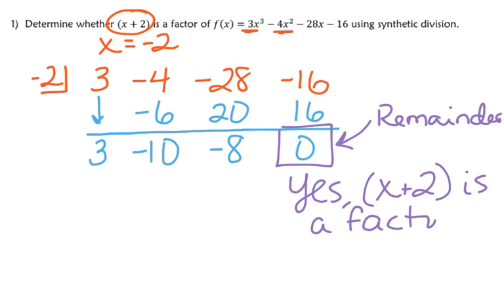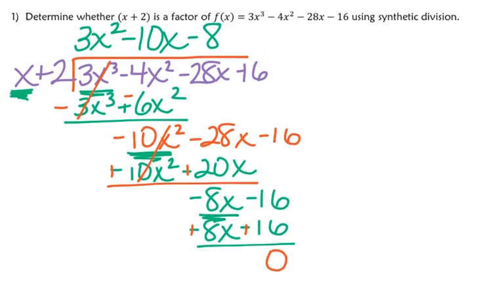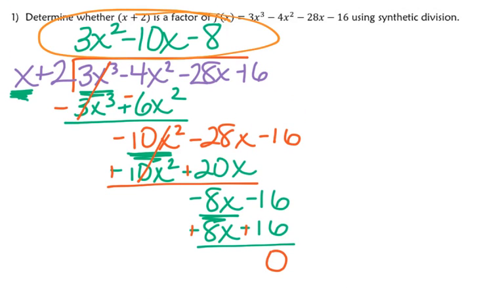Now, just to show you how this helps us and does the same thing that long division does, I want you to look at these numbers right here, and then let's scroll back up to the long division, and those are exactly the same numbers as we get as the coefficients there.